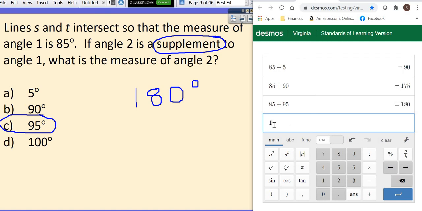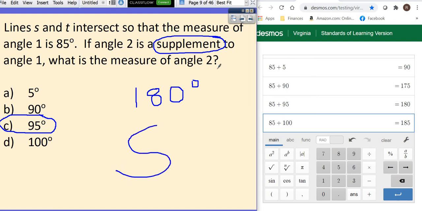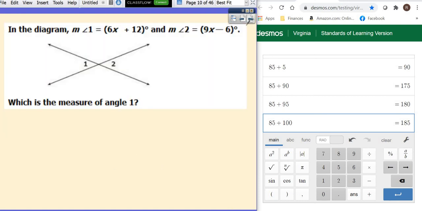And then 85 plus 100, which gives me 185. So the two that look like something we would be looking for are 90 and 180. That's when you have to know that supplementary with an S is 180 and complementary with a C, complementary for a corner, means 90. Okay, so I just got to remember that.